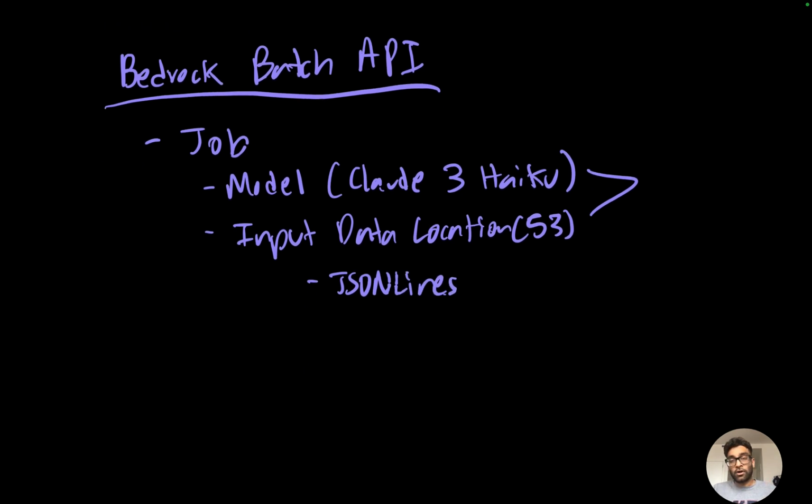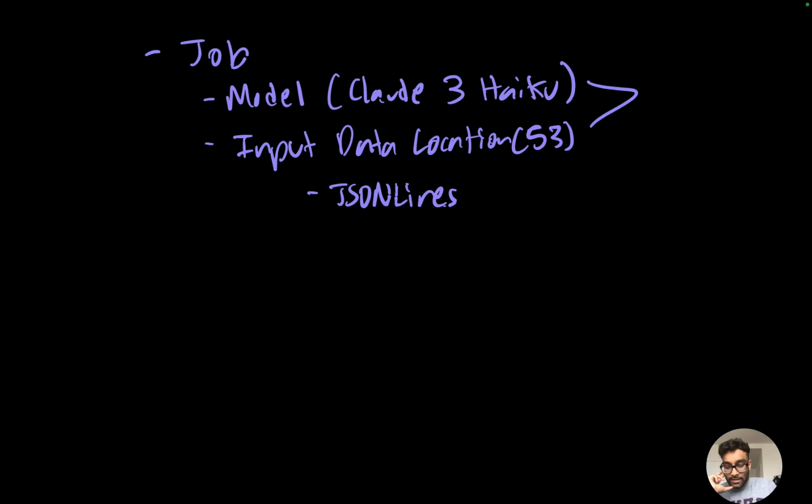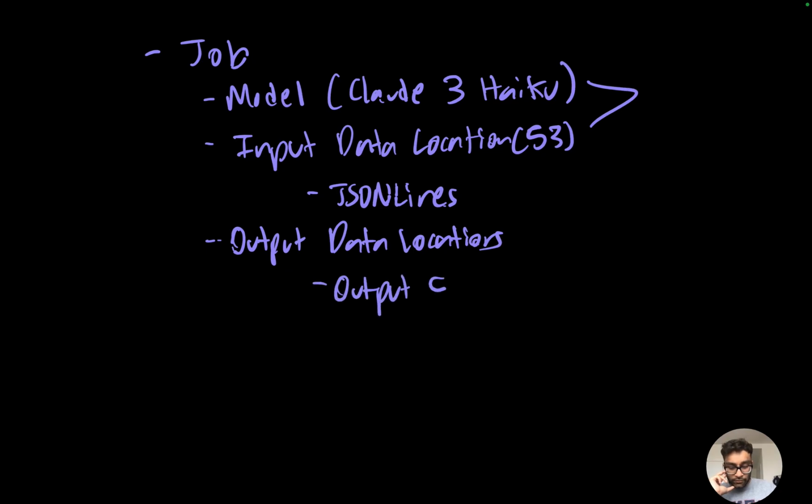But obviously for Claude versus something like Amazon Nova, the general payload shape differs, as we see even in the invoke model API call. Each payload is constructed differently depending on the model that you're working with. And then the output data, which we'll be parsing after this job runs, will be dumped to S3. To clarify, in terms of using completely offline or asynchronous mode, if you're going the offline route, you can just wait until the job completes and then grab all the results.